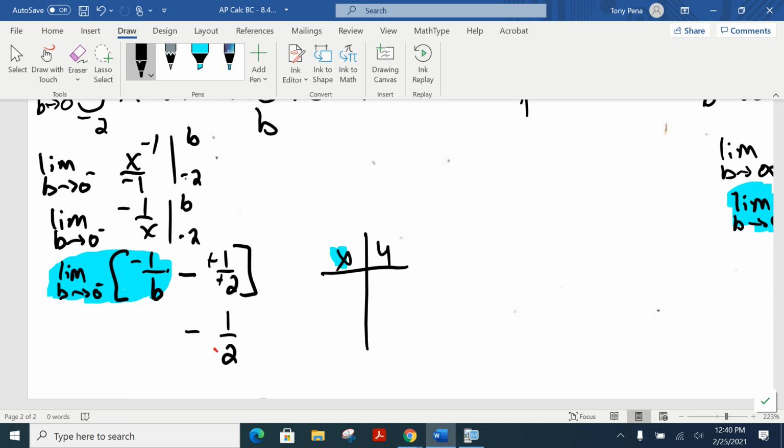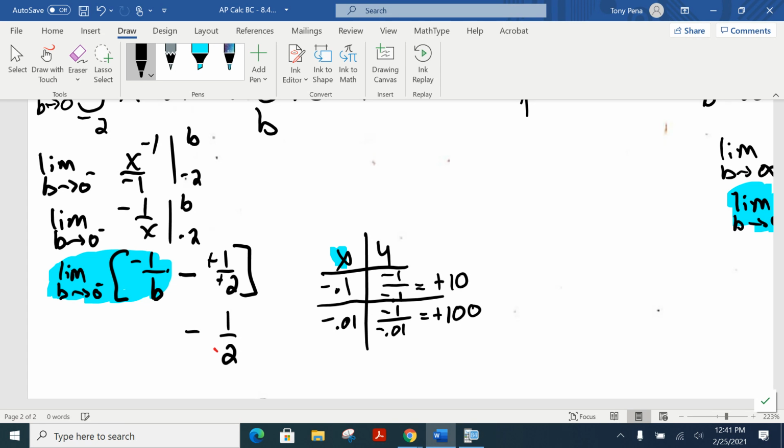So if I did negative 0.1, think about what negative 1 divided by negative 0.1 equals. Notice how that's a positive 10. If I get even closer, negative 0.01, so now I have negative 1 divided by negative 0.01. Notice how now I'm at a positive 100.